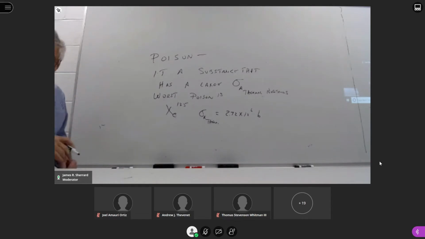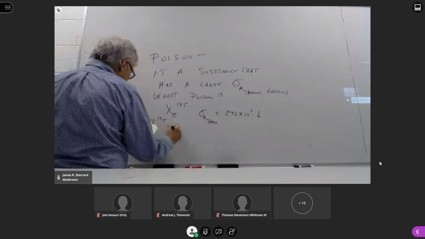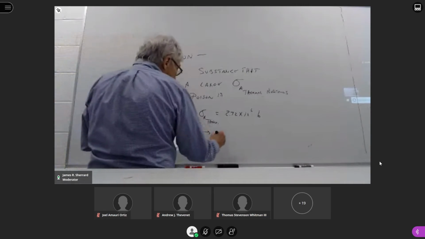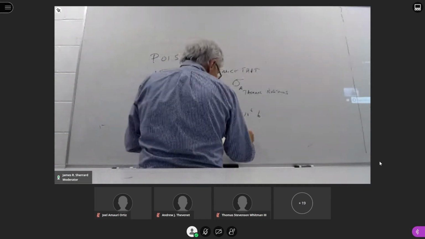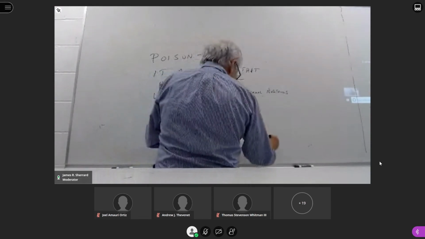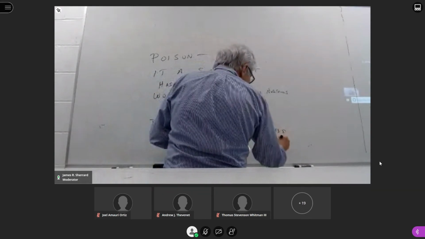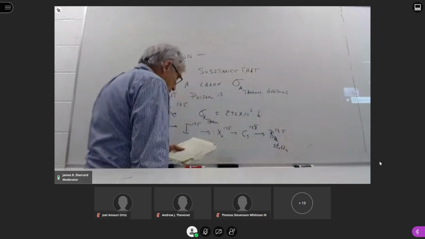If we look at xenon 135, it is in the decay chain. It starts off as tellurium 135, goes to iodine 135, goes to xenon 135, goes to cesium 135, goes to barium 135, which is stable.